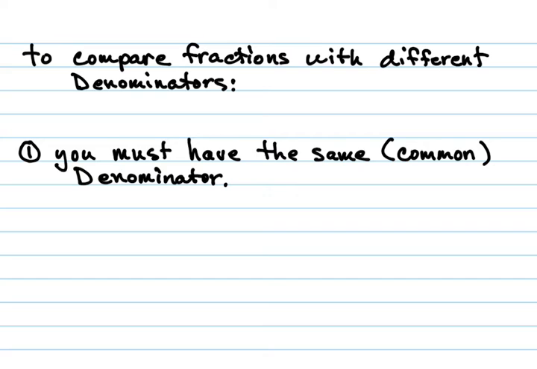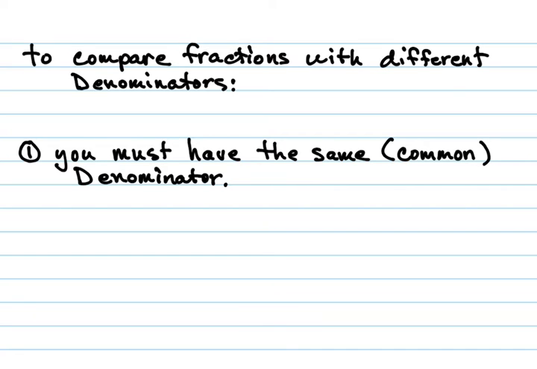You must have the same or a common denominator. And that's really what this lesson is all about. It's all about common denominators, which is one of the things that most students never seem to put in the effort to learn. But it's really very easy.